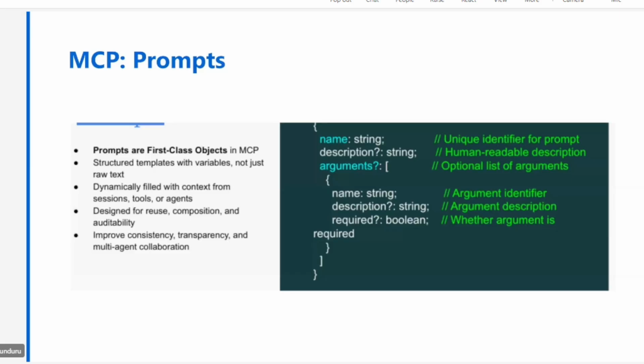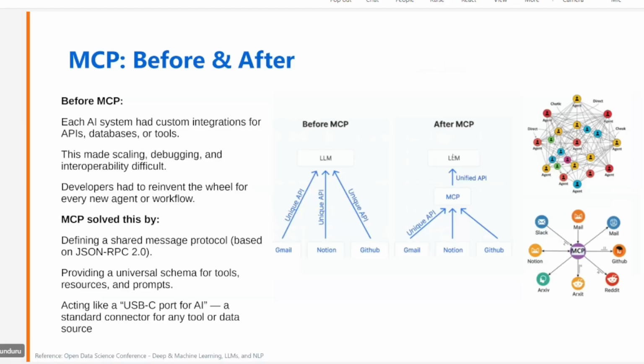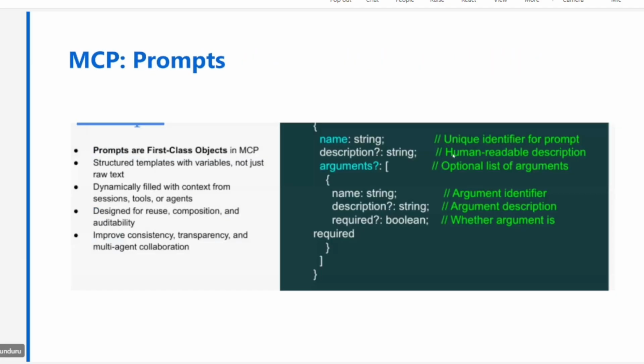MCP prompts. This is the standard structure defined by the MCP protocol: the name of the prompt and the description of the prompt, so that the LLM can identify the appropriate prompt to execute, retrieve the prompts, add the context, and execute them on the LLM.